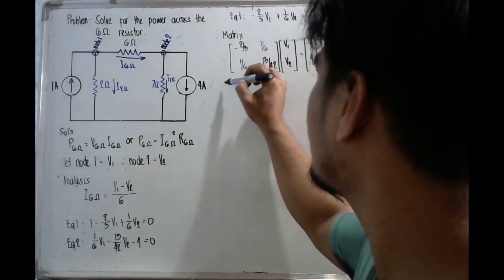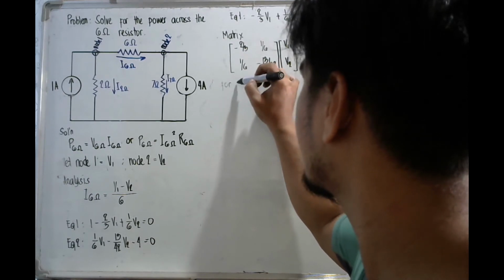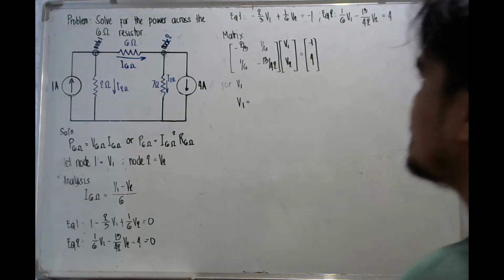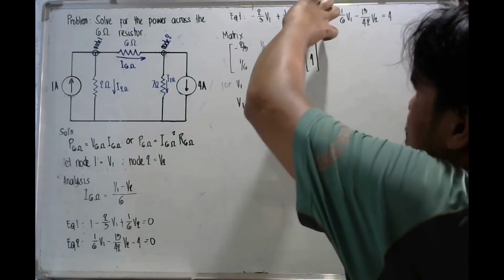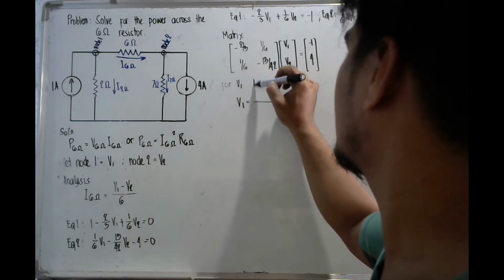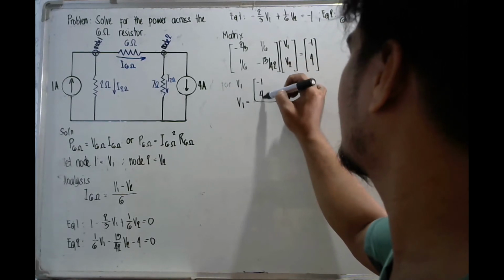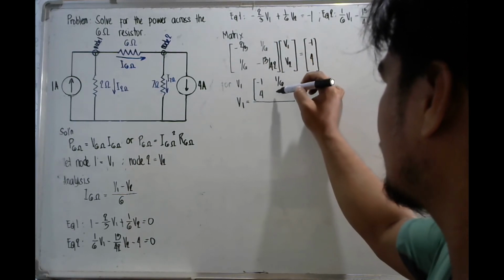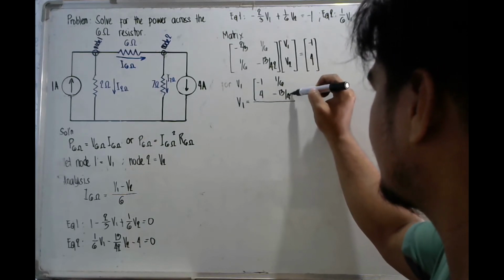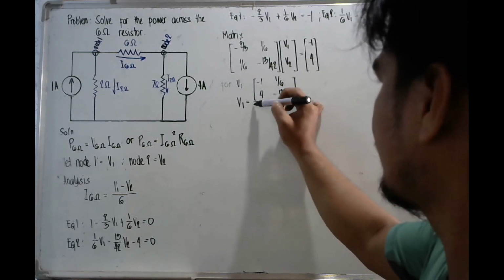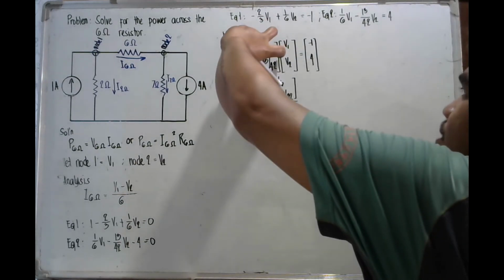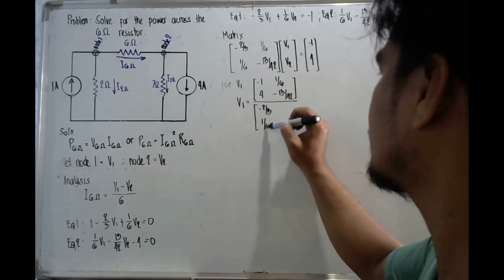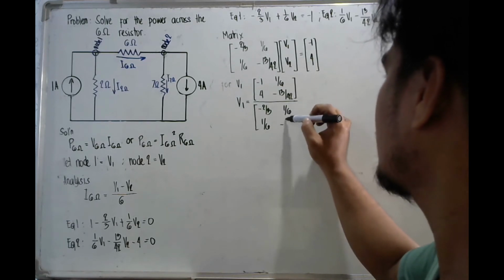Solving by Cramer's rule for V1, your V1 is equal to: replace the elements of your V1 column by the constant values, so you have negative 1 over 4, copy the second column, 1/6 over negative 13 over 42, divided by the matrix of the unknowns, negative 2/3, 1/6, 1/6, and negative 13 over 42.